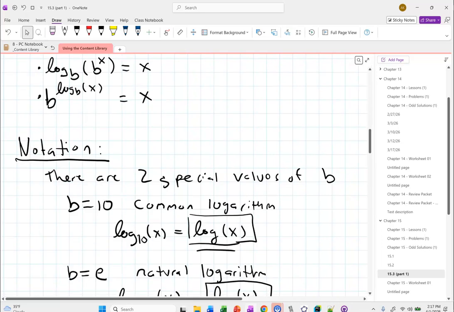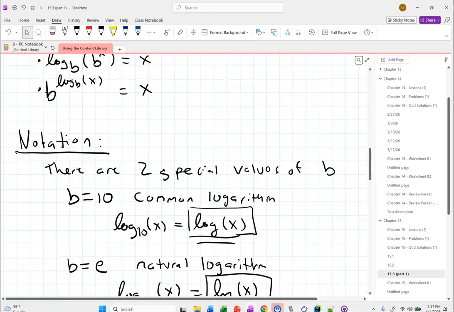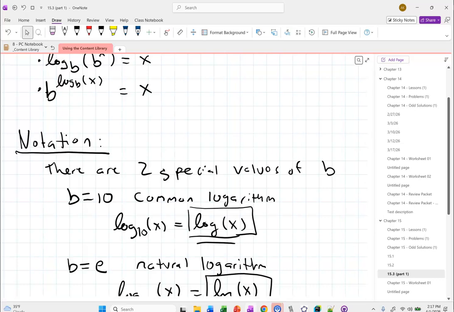So some notation. There are 2 special values of b that we give a name to. When b is equal to 10, we call log base 10 the common logarithm, and we abbreviate it just as log. We don't write any subscript.